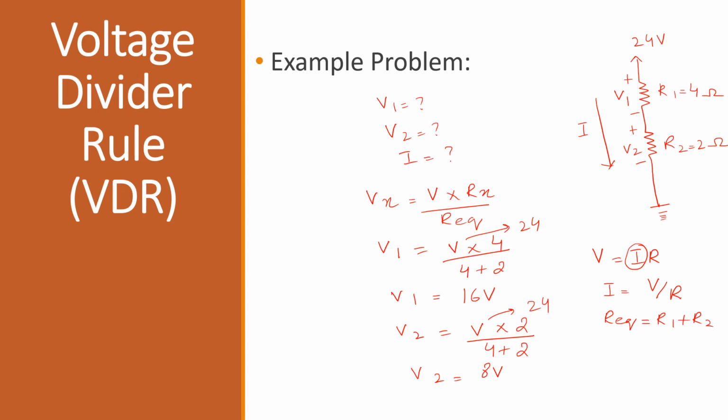Now I will become V divided by R1 plus R2. Here we know that V is 24, R1 is 4 and R2 is 2. After solving, we get I equals 4 amperes. So these are your unknown values.